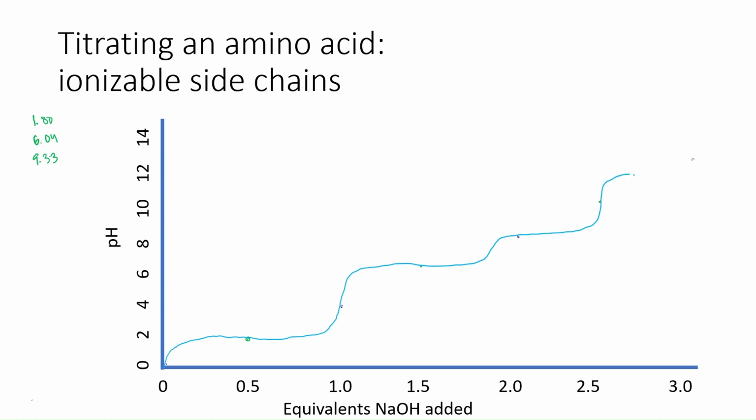Whoops, I messed something up there. Let's try that again. So we have a flat point around our buffer region and a steep point through our equivalence points. That's better.